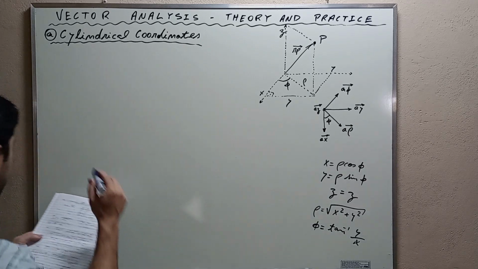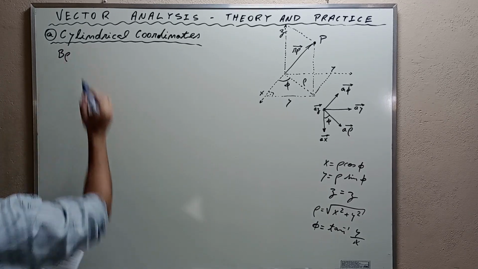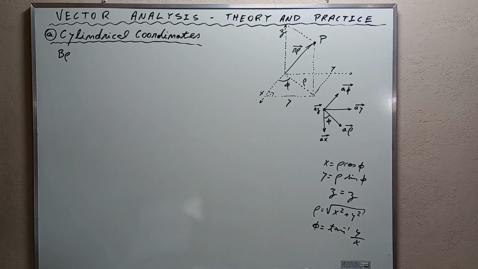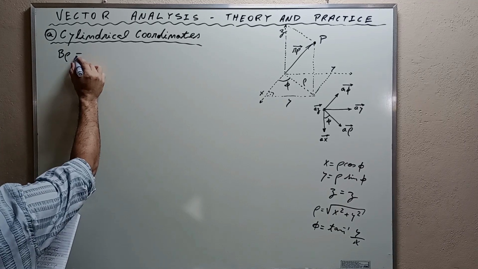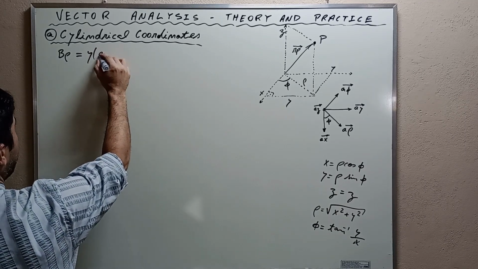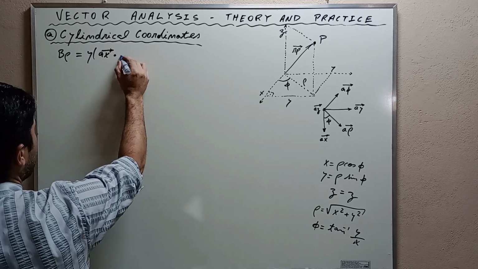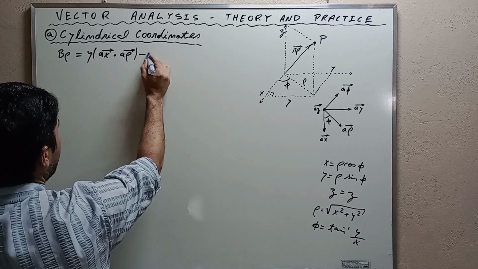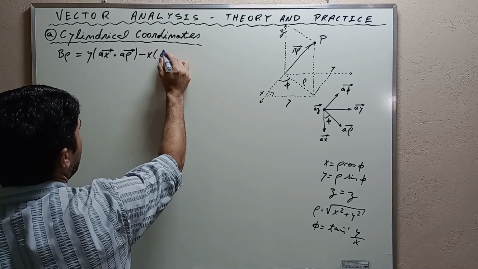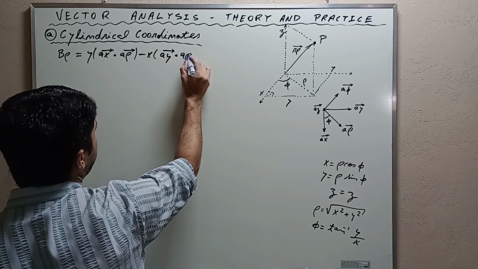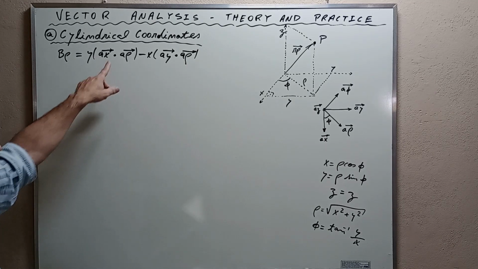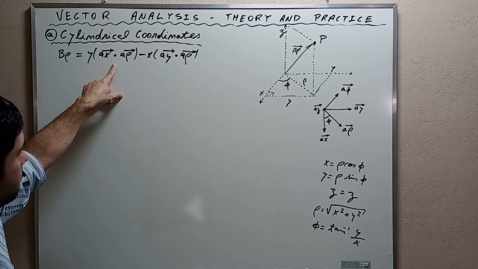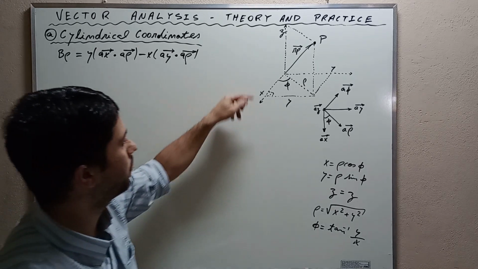In this way, the component of vector b in the rho direction will be y ax dot a rho minus x ay dot a rho, and substituting, this is equal to the cosine of angle phi, okay?